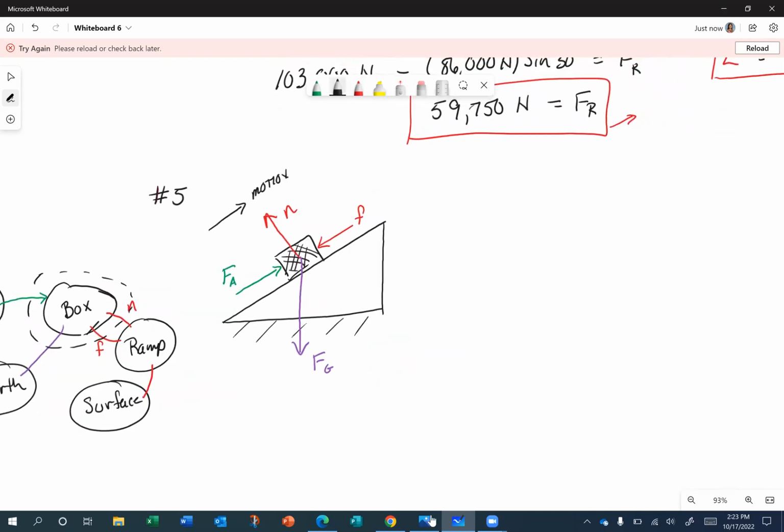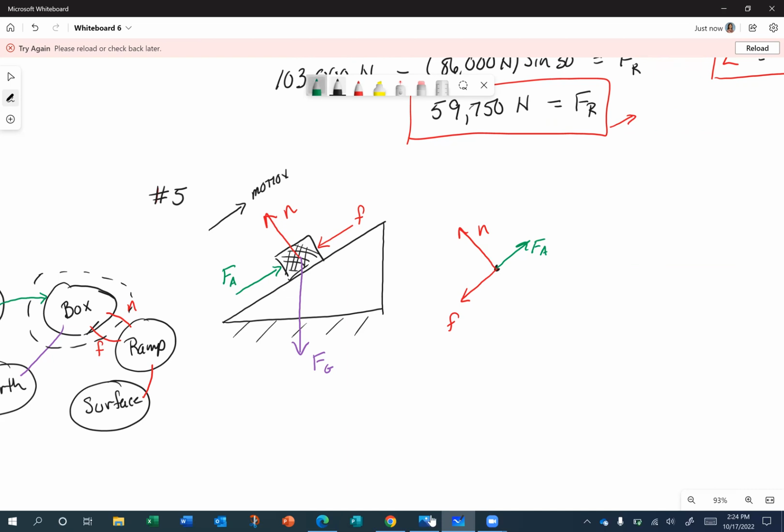Again, drawing them over here, putting all the forces in. I can take a look to see that, okay, I have my force of friction. Whoops. I want that to come the other way, right? Force of friction, normal force, force applied, and weight.